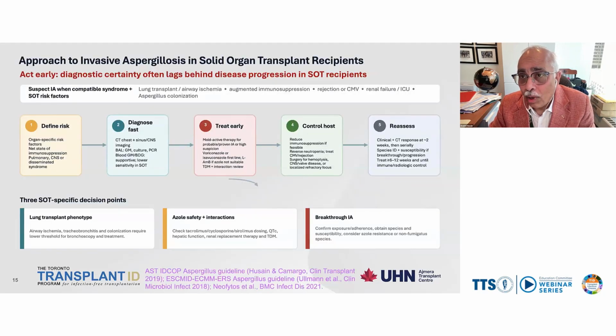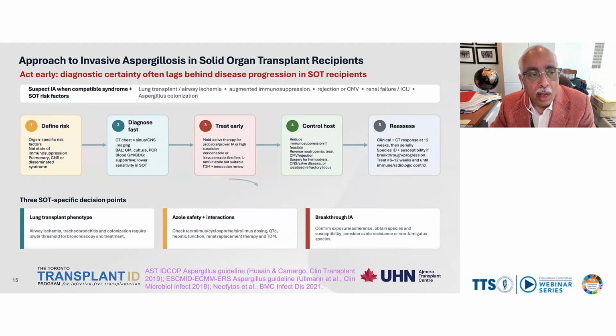I think this is the most important slide for the approach to invasive aspergillosis in solid organ transplant. First of all, act early. Diagnostic certainty often lags behind disease progression. In solid organ transplant recipients, suspect IA when there's a compatible clinical syndrome plus SOT risk factors.